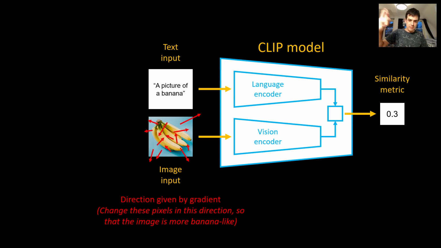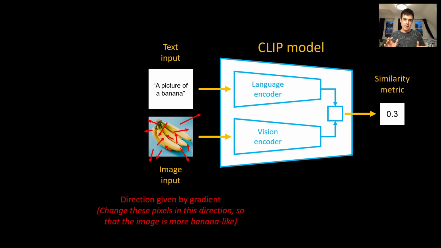So we will back propagate all of these directions through this vision encoder all the way to here, and then this image will get all of these arrows which are telling, for the RGB values of this pixel, change in this way so that the image becomes more banana-like, or whatever the text prompt that we chose.